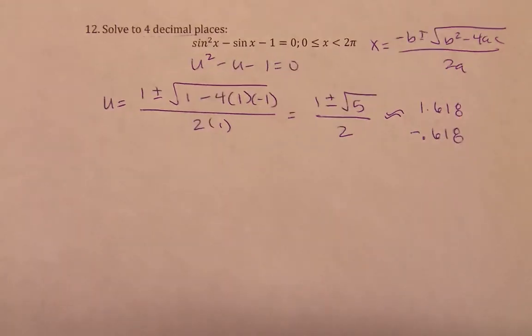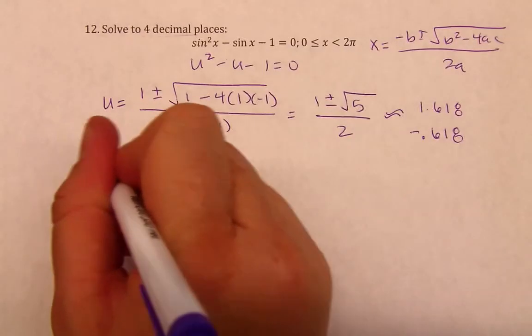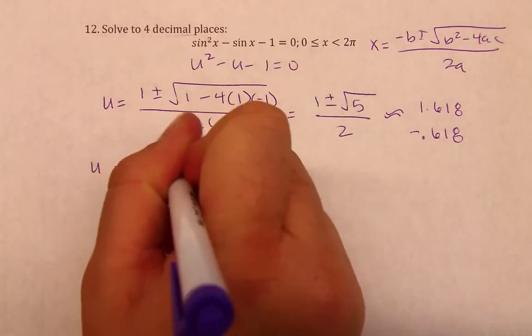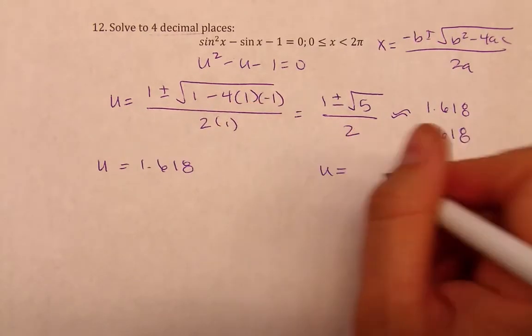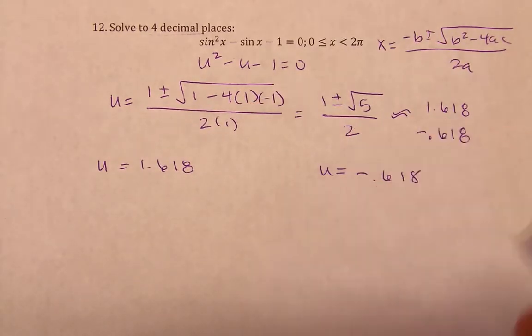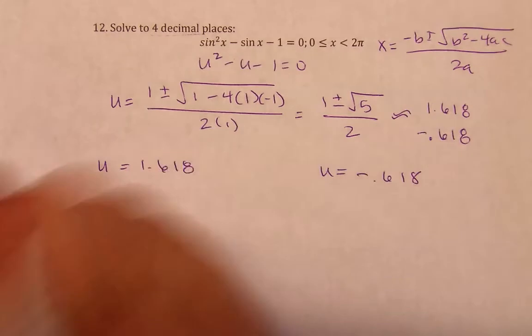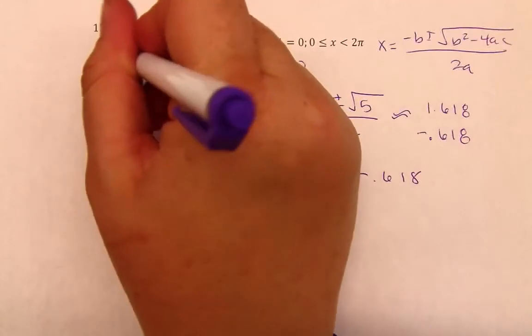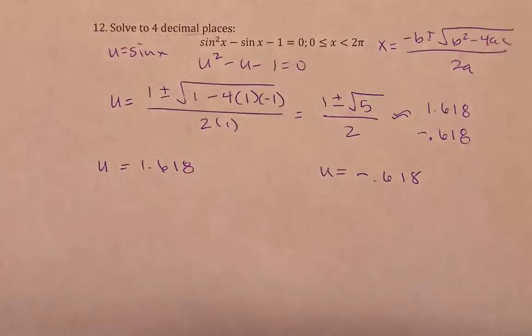Okay. Well, what that really means is u equals 1.618 and u equals -0.618. And u really represents sine. Remember, u equals sine x.